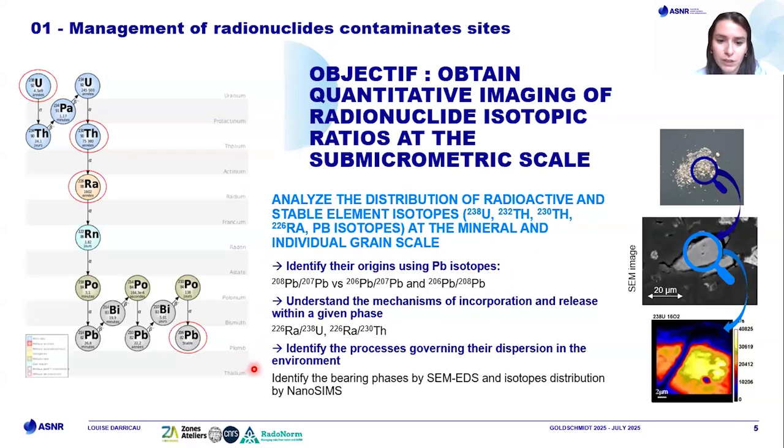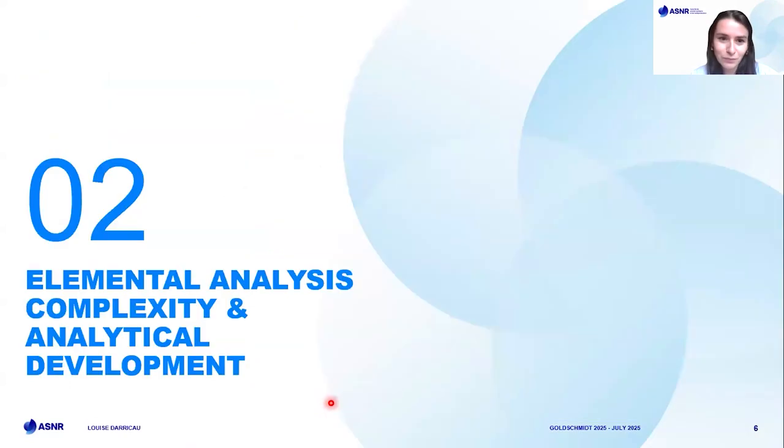The objective was also to identify some processes that govern the dispersion of those radionuclides in the environment. So for this, we identify the bearing phases of the radionuclides using SIMS analysis, mostly uranium-bearing phases, and we also looked at the isotope distributions using NanoSIMS.